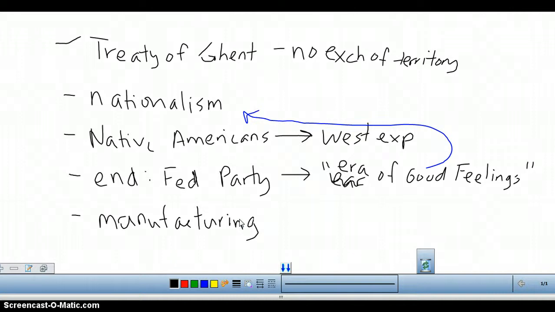Now, with this growth of manufacturing, obviously we have the rise of the American Industrial Revolution. So we'll put here rise of industry. And with the rise of industry and a desire to protect American manufacturers, we'll also see the increase of protective tariffs.